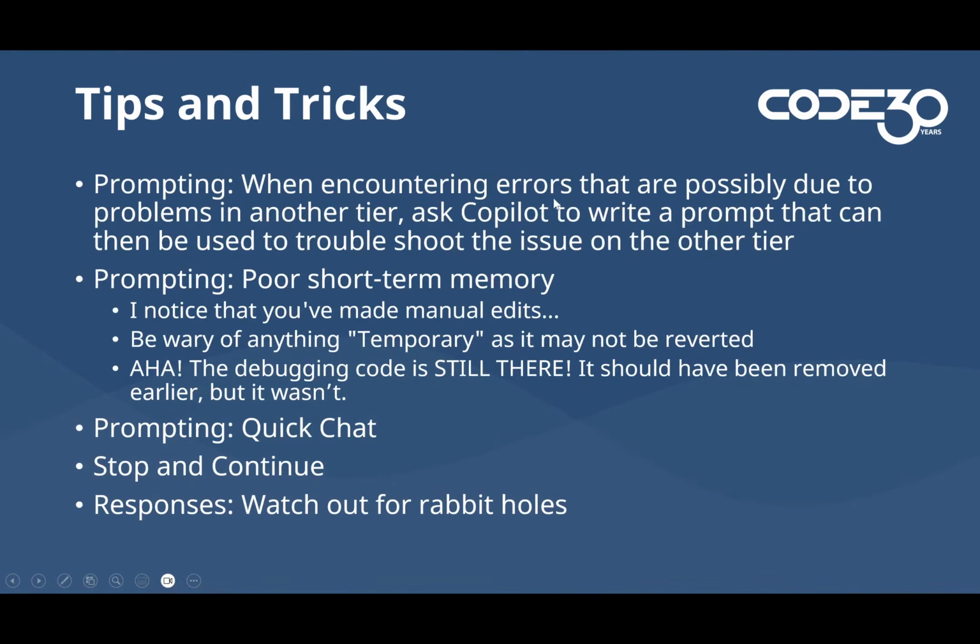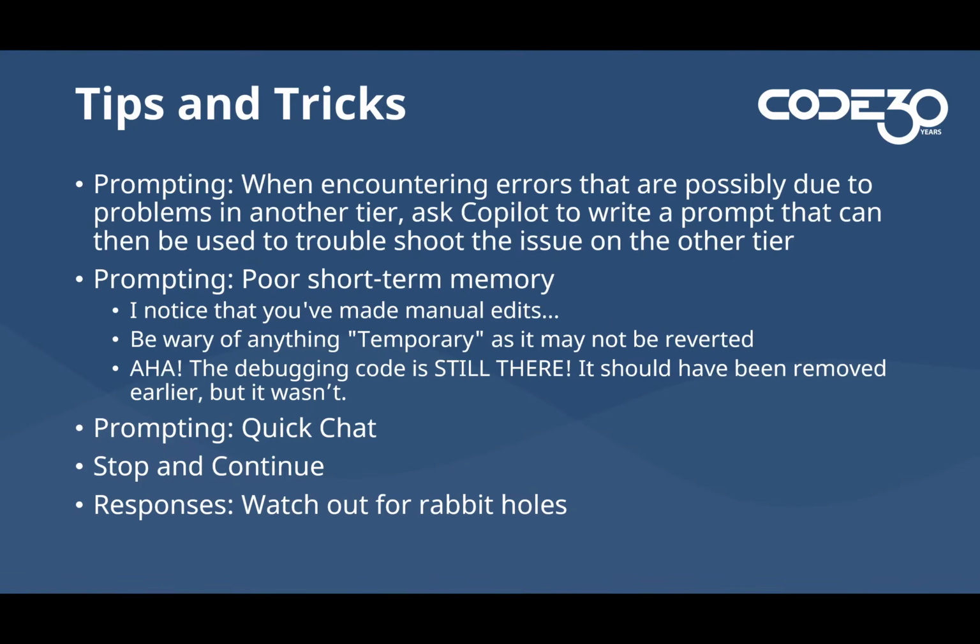When encountering an error, this is really kind of cool. In one application I'm using, once you've got a UI into the mix, you might have a whole separate project, or solution, which is just for the UI piece of it, and then another solution for the backend logic. So I'm working in the front end logic, and I'm encountering an error that is likely a problem with the back end.